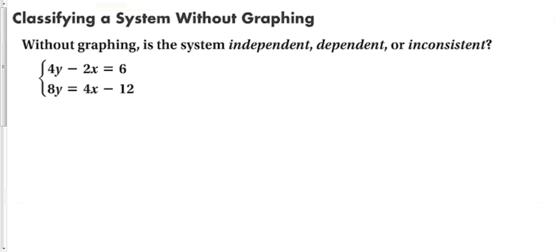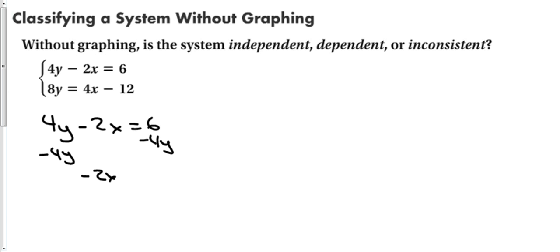And that's what this question says. Without graphing, is this system independent, dependent, or inconsistent? Well, the best way to tell is to put it into slope-intercept form. So here's my first equation: 4y minus 2x is equal to 6. Changing this into slope-intercept form, subtracting 4y from both sides gives me negative 2x equals negative 4y plus 6.